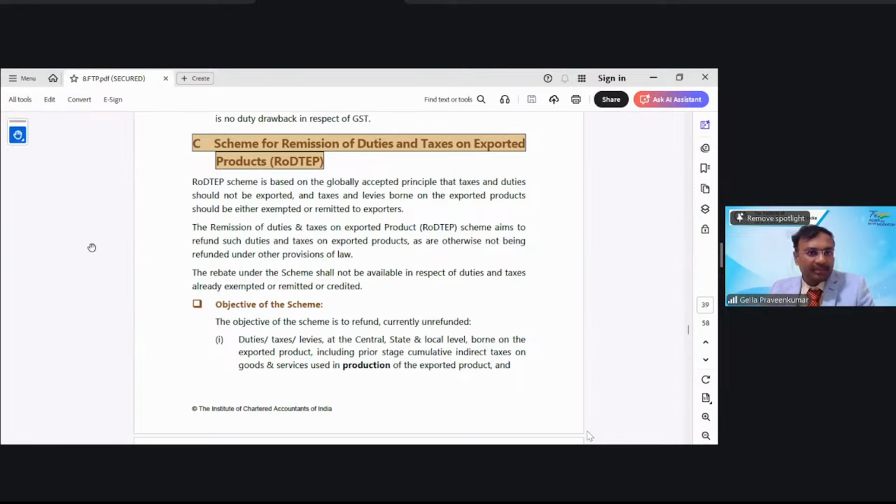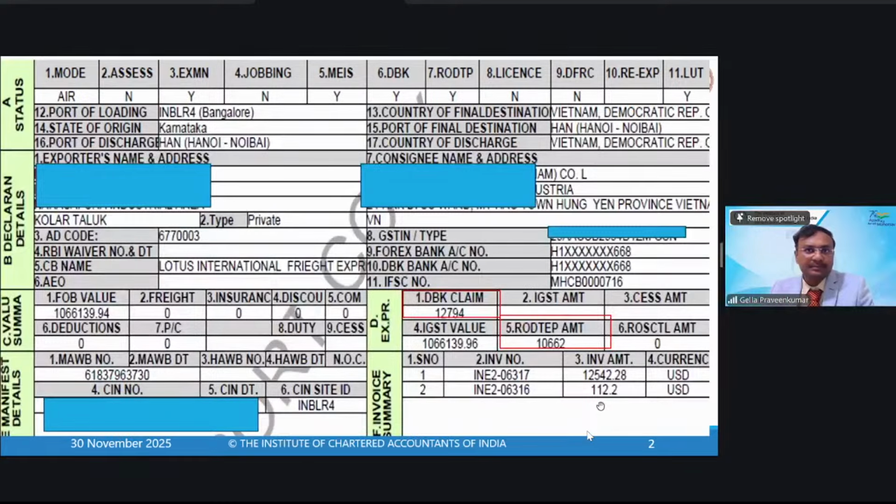So I'll show you one shipping bill. Hope you are able to see it now. This is your shipping bill, where you will see there are goods which are exported out of India. On this shipping bill, you will see that there is a FOB value.